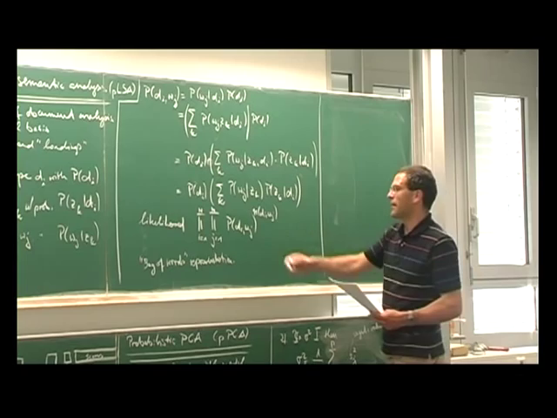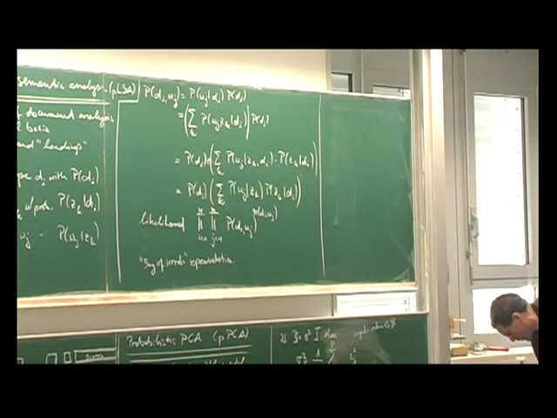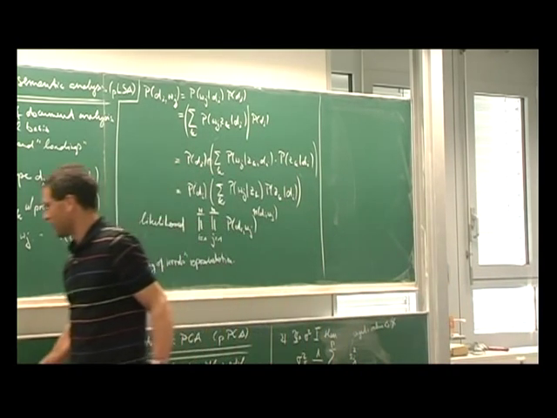Now this likelihood must be maximized with respect to the parameters. The parameters are the parameters in the multinomial distribution.